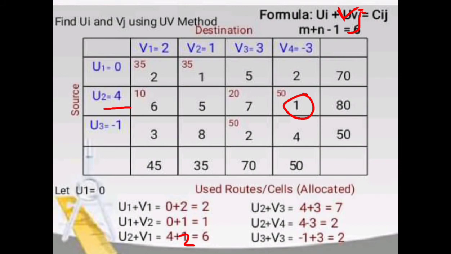We add negative 3 to have this cell 1. So 4 minus 3, we have 1. Sorry, this is wrong. So it is 1, not 2.